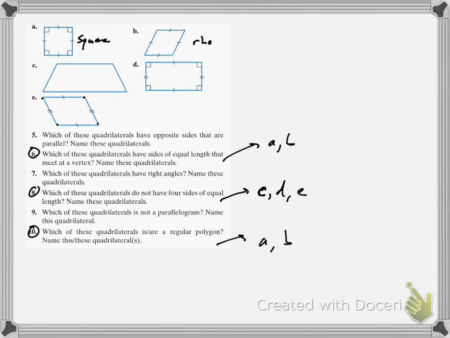This is a rhombus because all four sides are equal, but it doesn't make right angles. This is a trapezoid. This looks like a rectangle. And this is a parallelogram. Okay. Let's go on to the next problem.